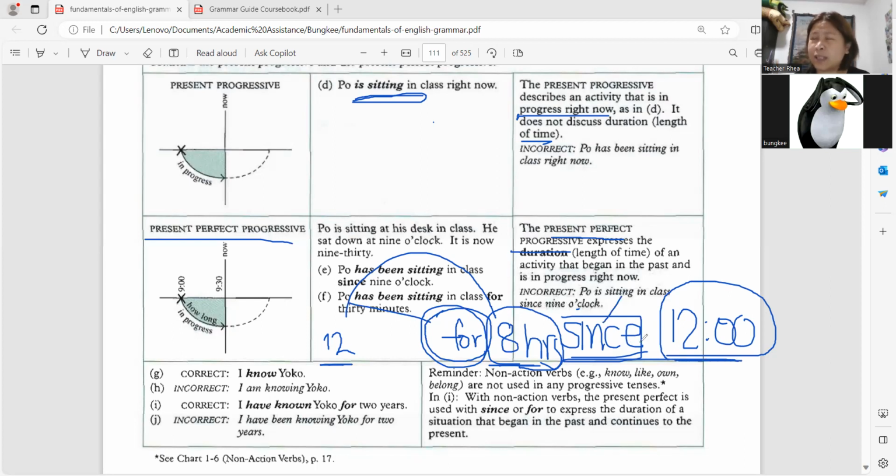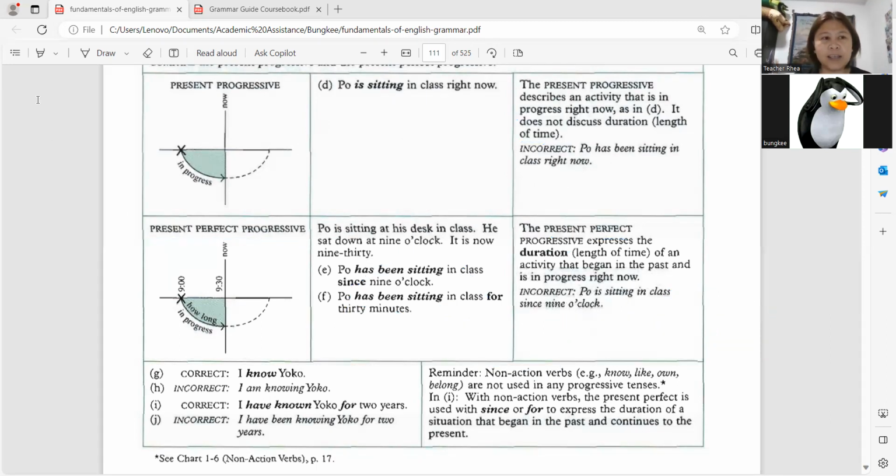So you use the same, but you already finished the activity. Using the present perfect means you have already completed the task. In present perfect progressive, the task is still in progress, still continuing, not finished yet. Okay, that is the difference.